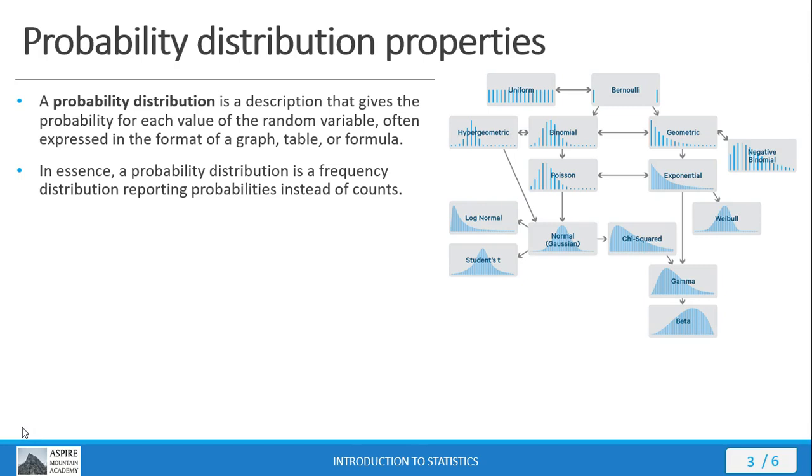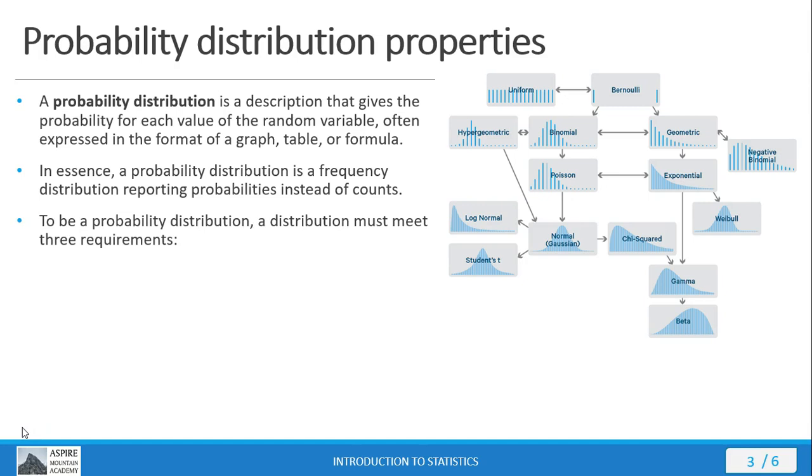Remember where we had percentages instead of actual counts? Well, a probability distribution is much the same thing, where we're looking at a frequency distribution that reports probabilities. And probabilities and percentages are usually interchangeable. And so that's what we're looking at when we talk about a probability distribution.